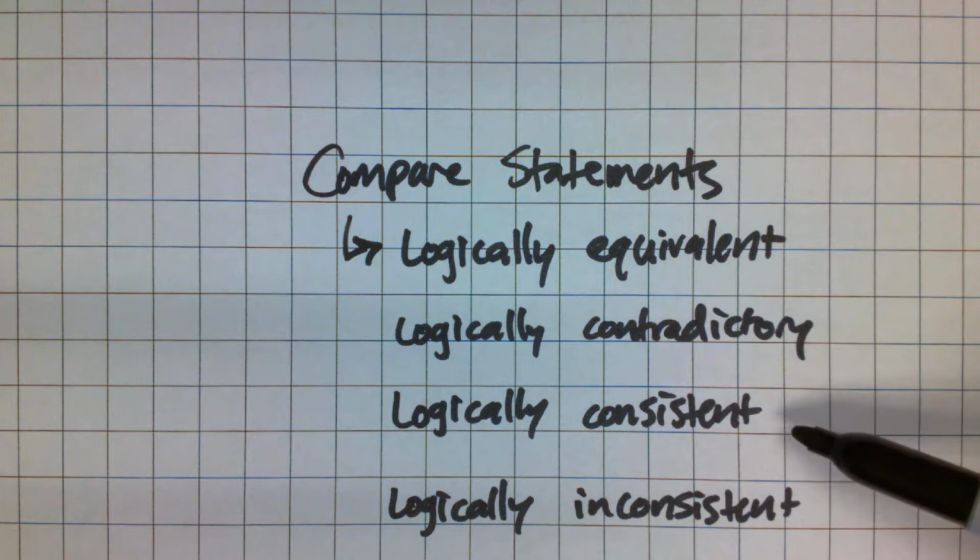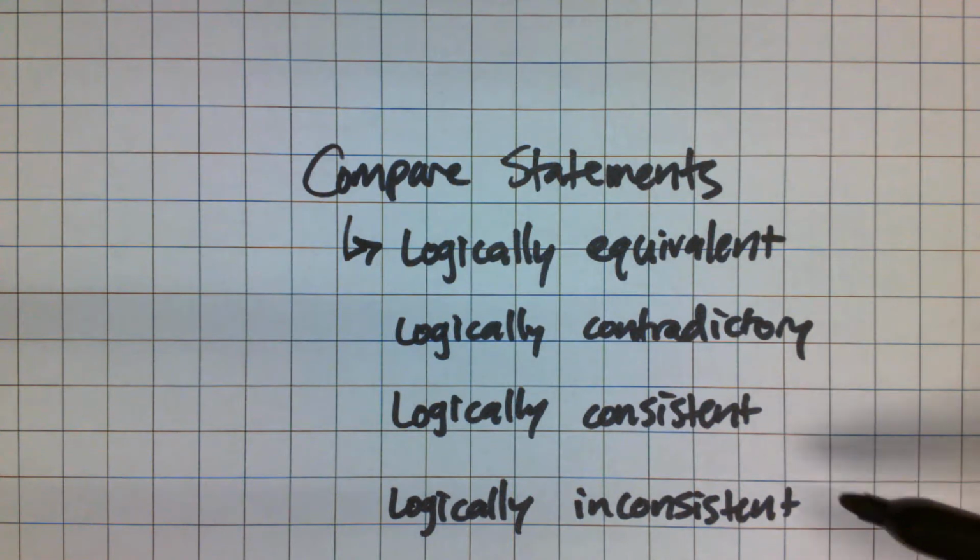And two or more statements are going to be logically consistent if there is at least one possible world in which they are true. And two or more statements are going to be logically inconsistent if there is no possible world, or no line in our truth table, in which they are true.